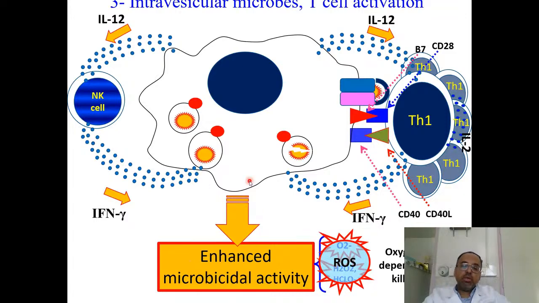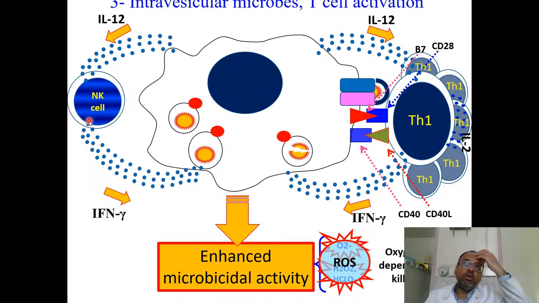So actually, in the real life scenario, when something is phagocytosed which is hard to kill, the antigen presenting cell starts producing interleukin 12. So the help from NK cells arrives earlier, and the help from T helper 1 cells arrives later. These guys are fast. These guys are slow. NK cells are fast.